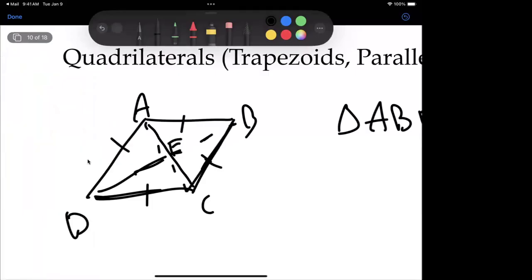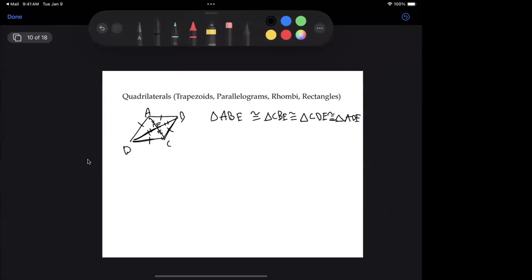Since it's a parallelogram, the diagonals bisect each other. But because the sides are also equal, these four triangles are all equal, right?